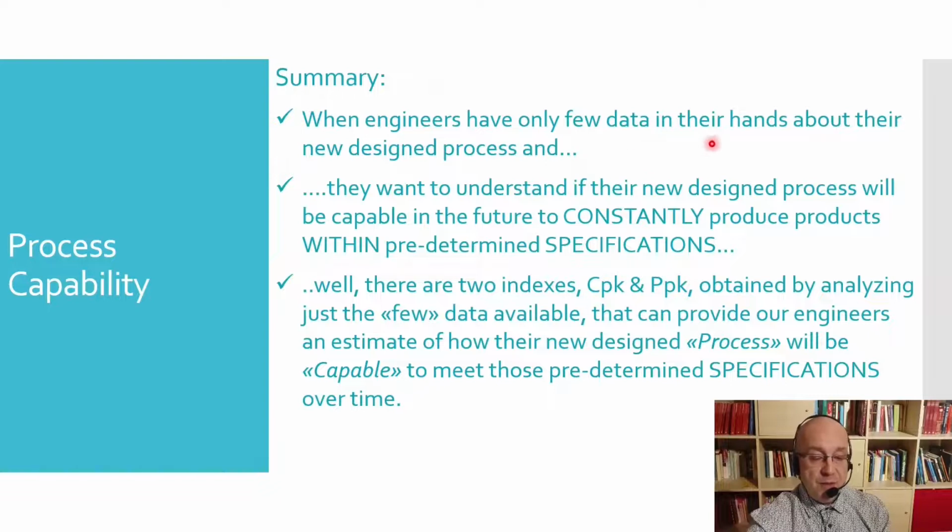So we have only 20 data in our hands, and basing on these 20 data, we want to have a mathematical index that comes out from analyzing these few data to understand if in the future our process will be constantly capable of producing products within predetermined specifications. And these indexes exist, and they are Cpk and Ppk.